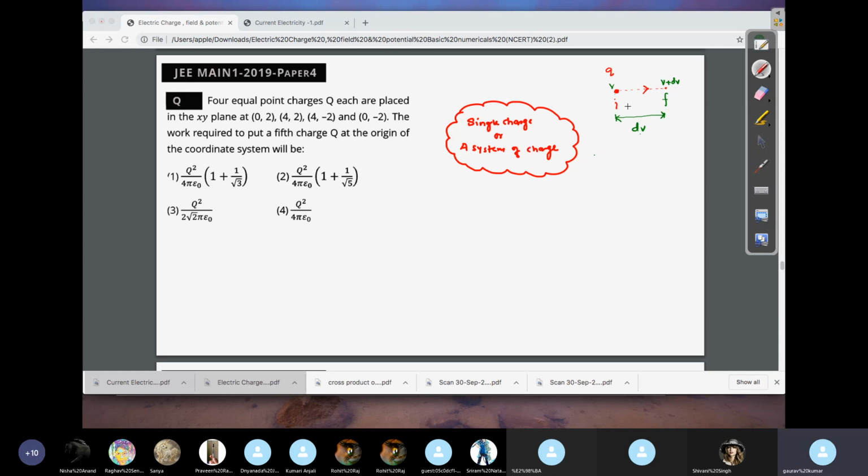So now we have a relation here. This dV is always defined as dU. You will have a small change in electric potential energy.